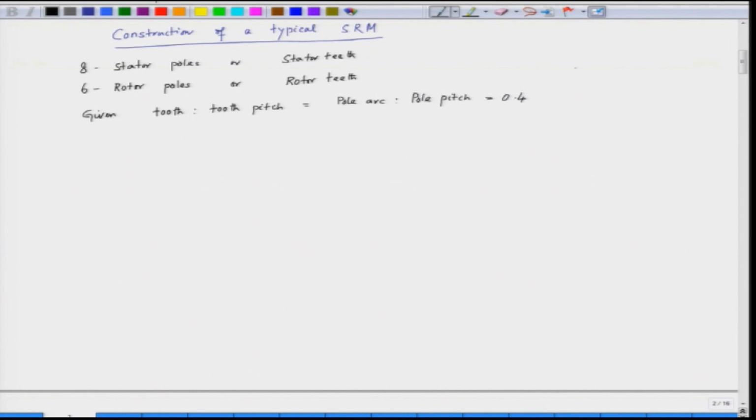What does it mean? We have the pole, tooth and slot like this. The ratio between this is the pole arc, and this is the pole pitch.